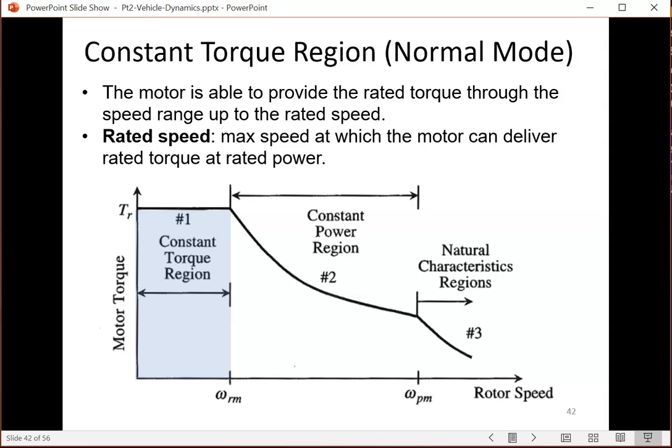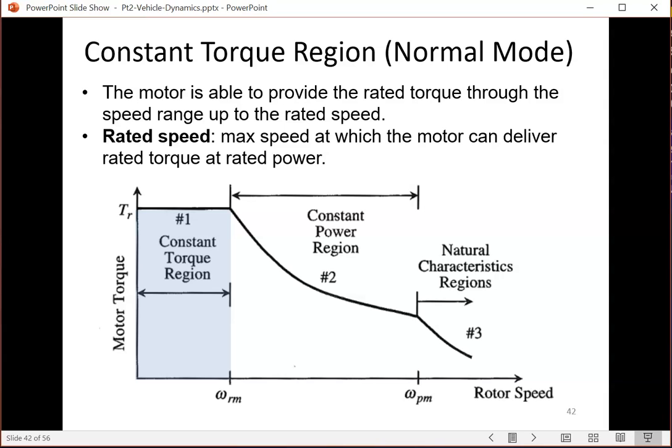The first region is called the constant torque region. Now that region is limited by the maximum current that you can actually have in an electrical motor, because motor torque is proportional to the current. If the current is limited, then the maximum torque is limited.